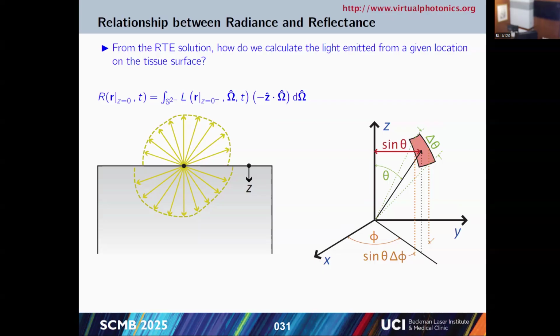So you actually have to take the projection of this light onto the unit normal of that detector, and that's what this minus z dot omega is. So you take the radiance that exists on the other side of this boundary, and you take a dot product of that relative to the unit normal in the minus z direction.